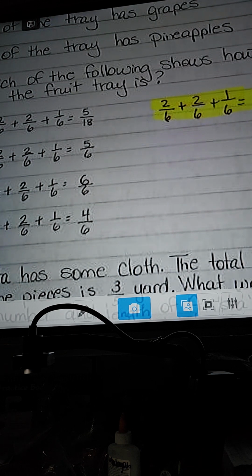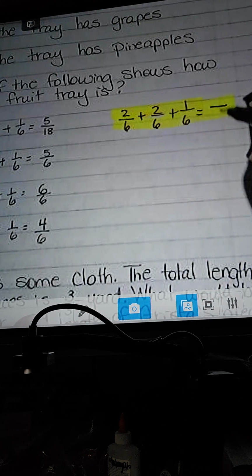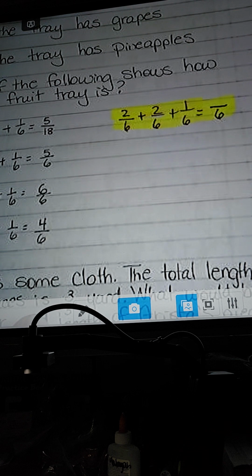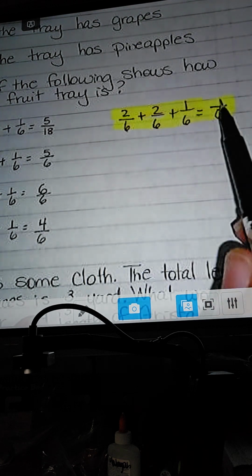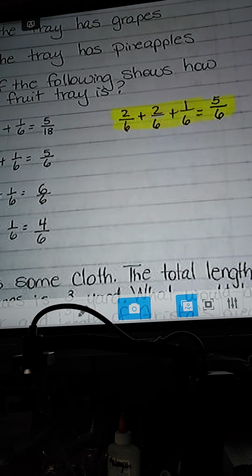All right, so 2/6 plus 2/6 is 4/6. I know my denominator stays the same. And then I add my numerators, and what is my answer? 5/6. Very good.